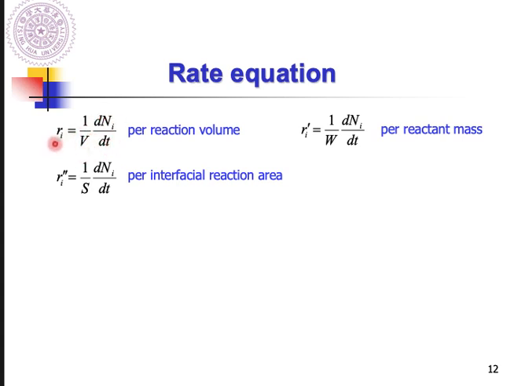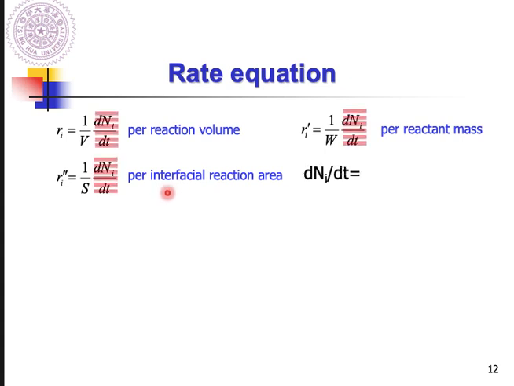We call this R_i. R_i prime, we got a prime here, means the consumption rate of reactants per reactant mass. The difference is just this is per reaction volume, this is per reactant mass. And this double prime is the consumption rate of reactants per interfacial reaction area. Okay, so based on these three rate equations, the difference between them is just the unit here.